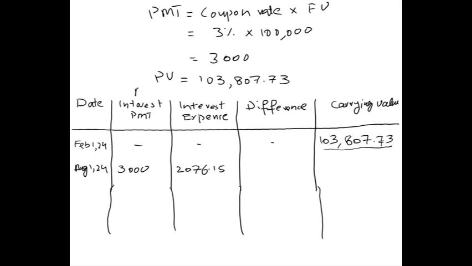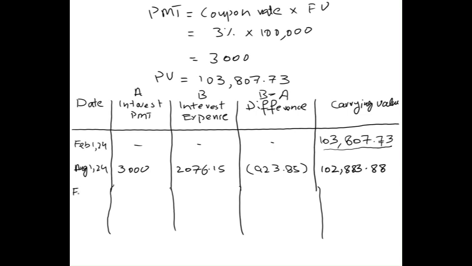Then the difference, again, this is column A, this is column B. The difference is always B minus A. So this will be negative 923.85. And then similar to the discount bond, this number gets added to this number. Because this is a negative number, we're adding it to a positive number. So that means this number will decrease. So we will get 102, sorry, 102,883.88.